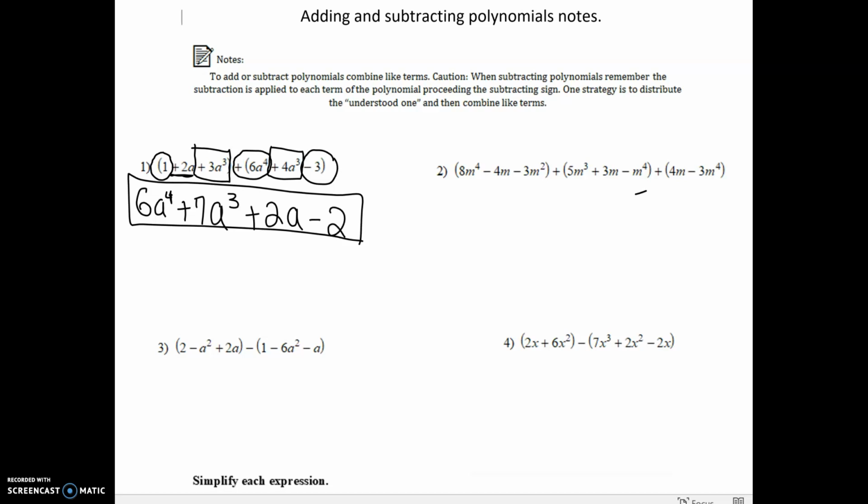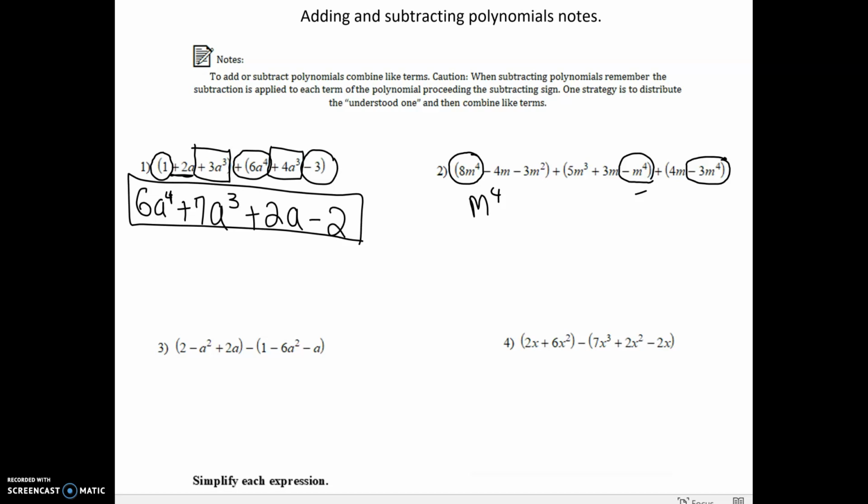If you look at this, you notice that the highest degree or exponent would be to the 4th. So let's combine all of those first. Sometimes I just like to circle these, or whatever's going to help you to remember which ones to combine. All right. So we've got 3 of these that we're going to combine. Now we have m to the 4th, right?